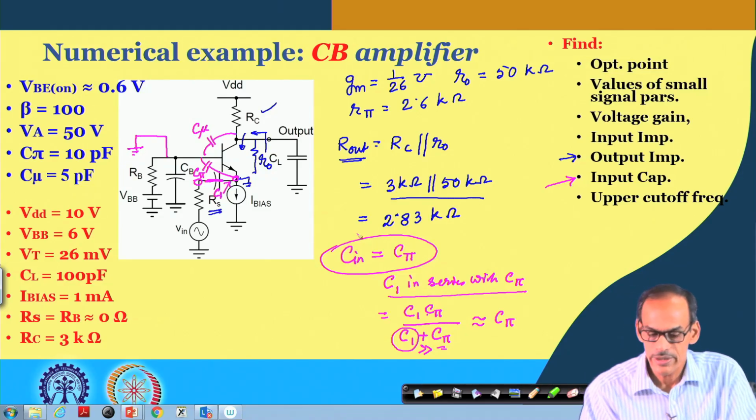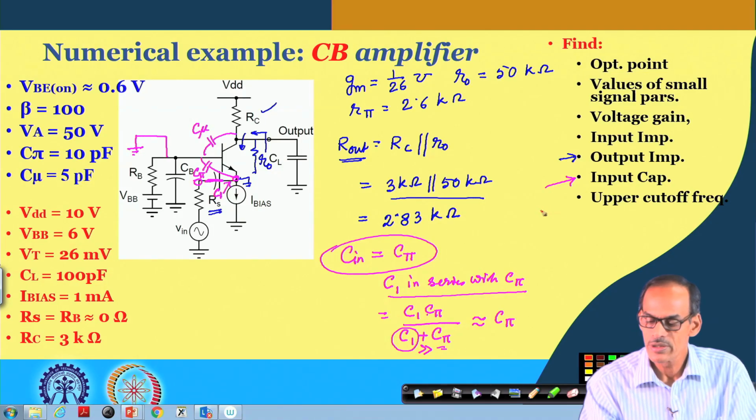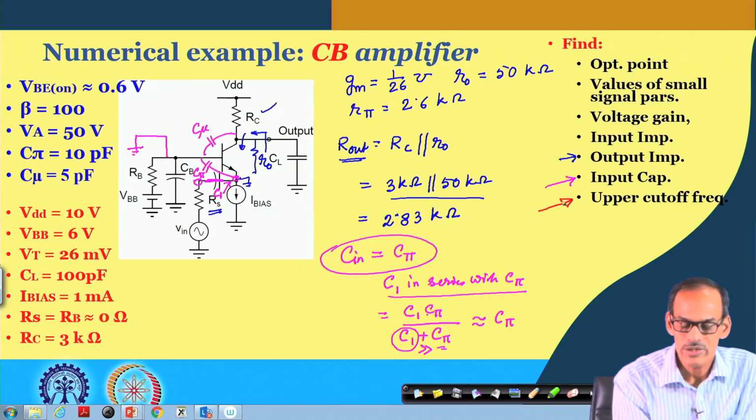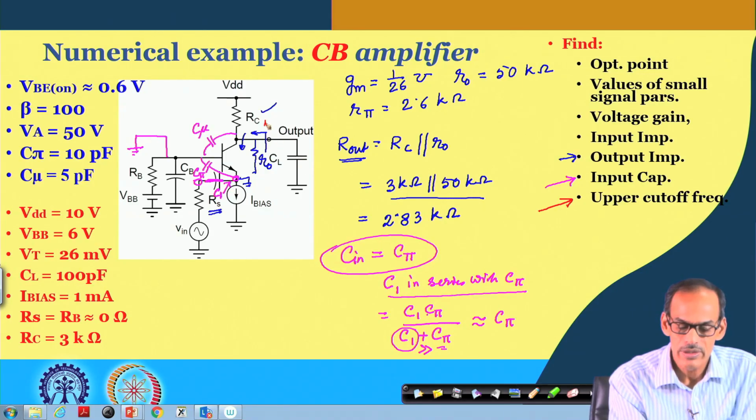Now, the next thing is the upper cutoff frequency of this circuit, and since we are dealing with the signal in the form of voltage, the upper cutoff frequency, of course, comes from the output resistance here and the corresponding CL.